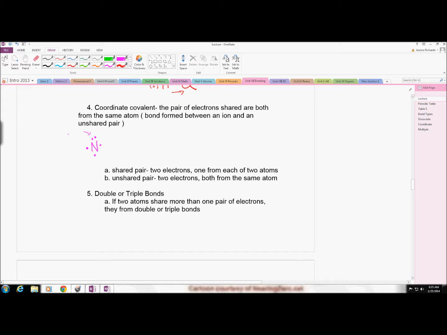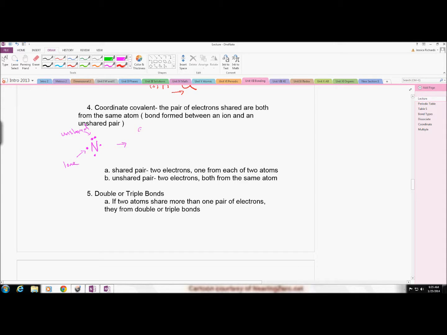This is an unshared pair of electrons, because those two electrons are in the same orbital. They're filling the orbital up. The orbital can only hold 2 electrons. These single electrons are called lone electrons.